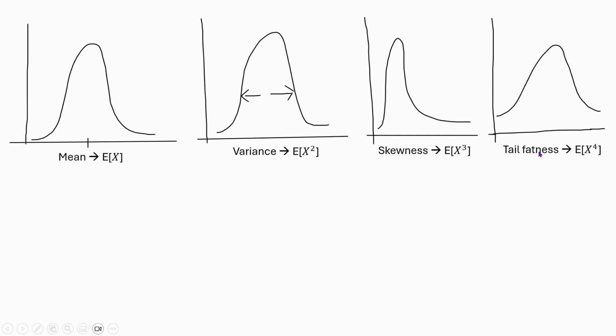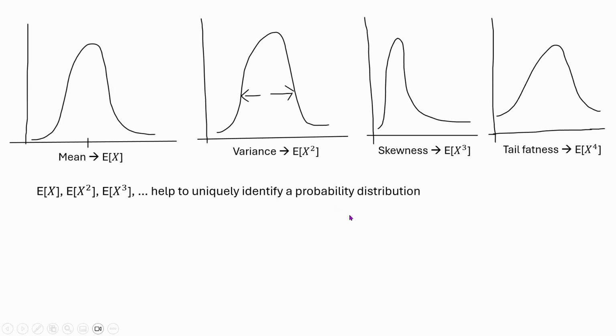If you want to measure that, you need to measure kurtosis, which is dependent on E[x to the power 4]. You can go to higher order of expectation and you can measure different things as well. The point that I'm trying to make is all these expectations of different orders of random variable help to uniquely identify a probability distribution. Now, what is a moment and how does moment generating function actually relate to these things?